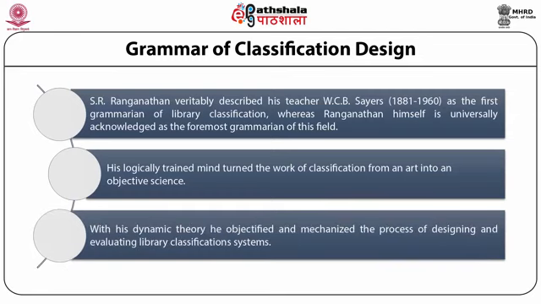With his dynamic theory, Ranganathan objectified and mechanized the process of designing and evaluating library classification, which he did through a long list of scientific canons and principles.